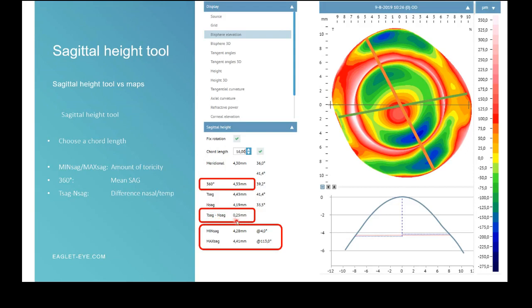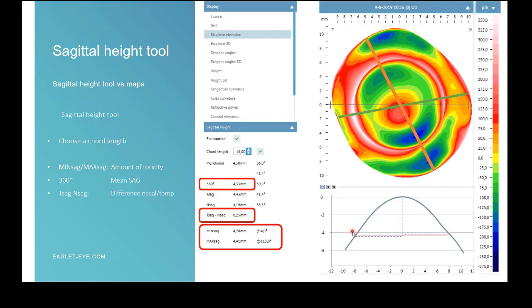So in this example, we're showing 250 microns of difference between the nasal and the temporal sec. You can also see this visualized in this cross-section, where the blue dotted line on the temporal side is slightly deeper than the one on the nasal side.